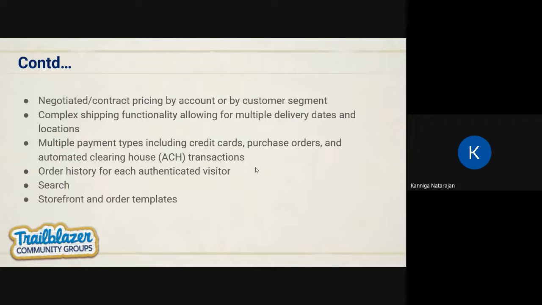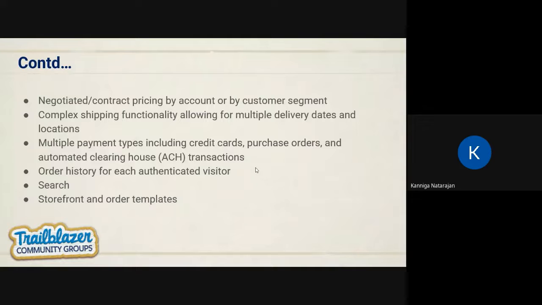Order history for each authenticated user. Obviously we need it because, as we are connecting to business, I want to see my order history. That also we can easily do through B2B Commerce Salesforce. Search option: if you have a big warehouse with thousands of products, you can search by product code, product SKU or description, whatever you want.